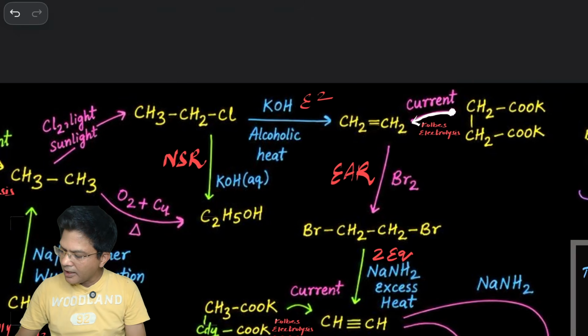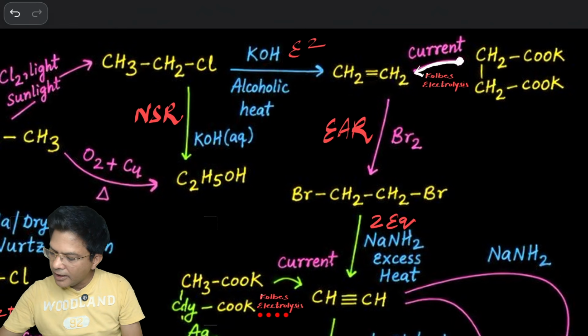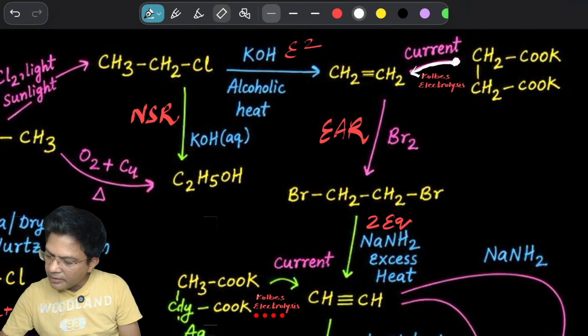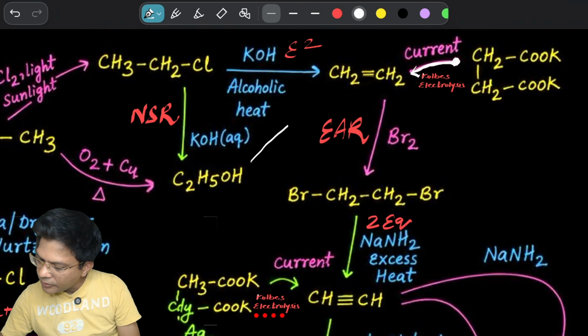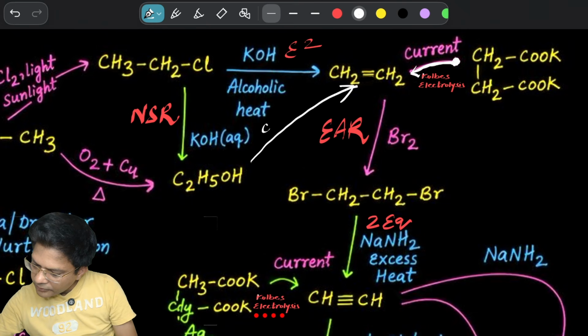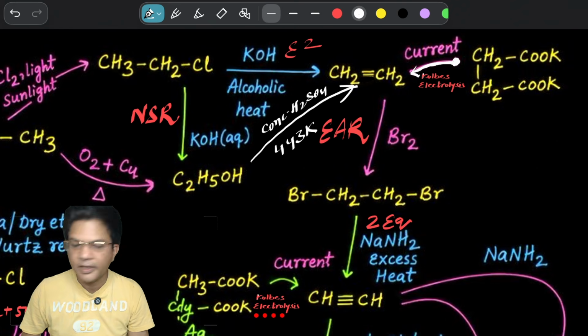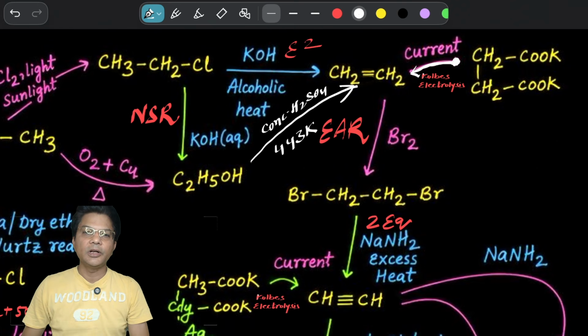Now if I want to convert ethyl alcohol into ethene, I do the reaction with concentrated H2SO4 at 443 Kelvin. Remember that this temperature is very, very important, because at lower temperature substitution will take place, and that will give diethyl ether.